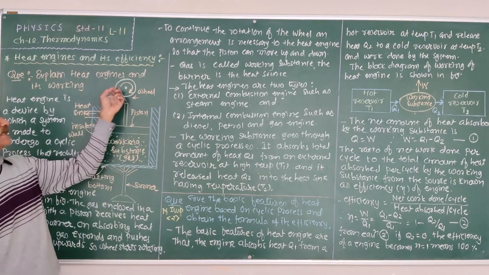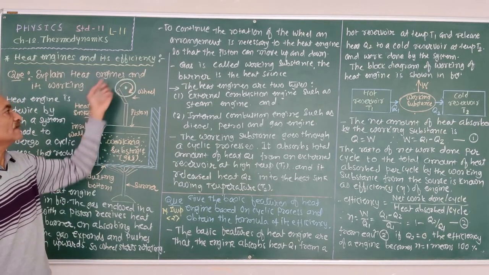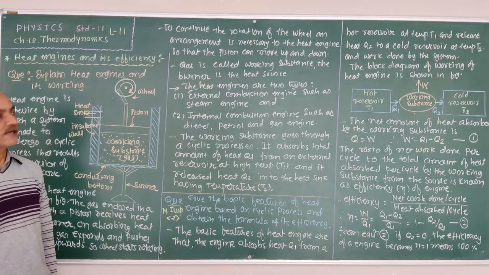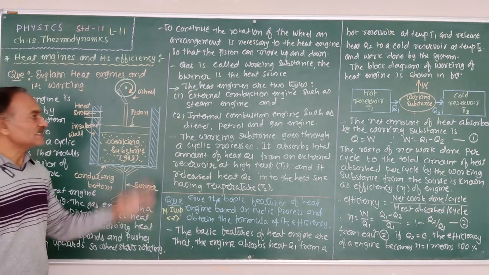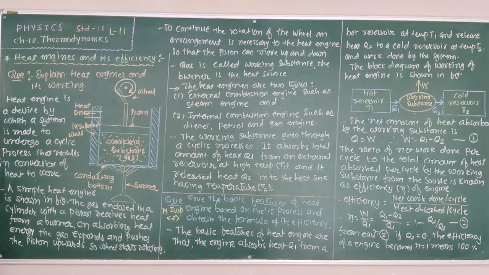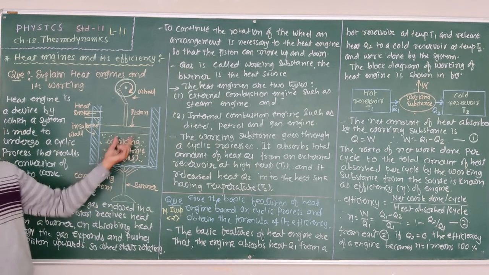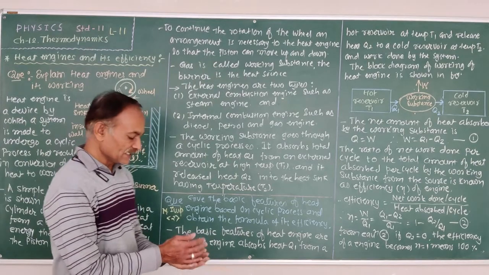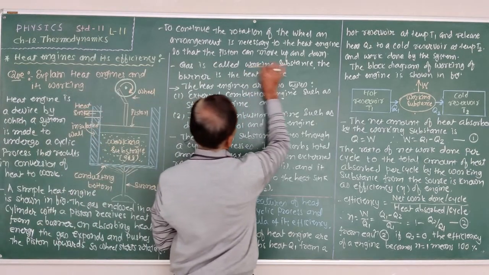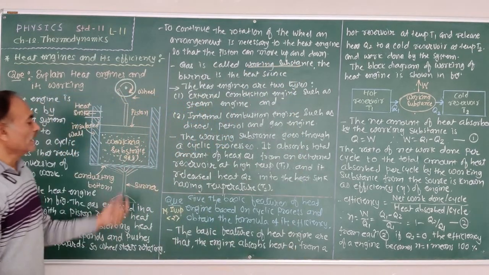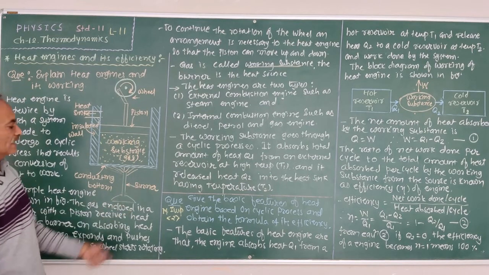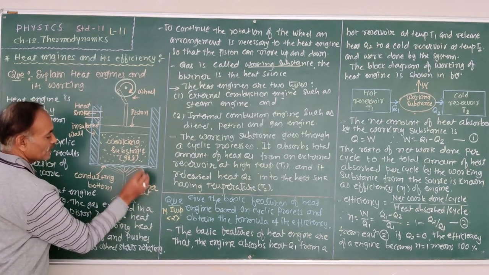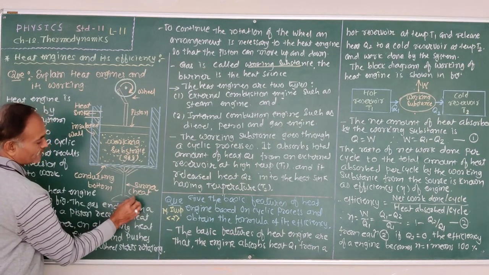As a result, the wheel connected with the piston rotates continuously. Here, the gas filled in the piston cylinder arrangement is known as the working substance, and the burner is known as the heat source, from which the gas absorbs the heat.